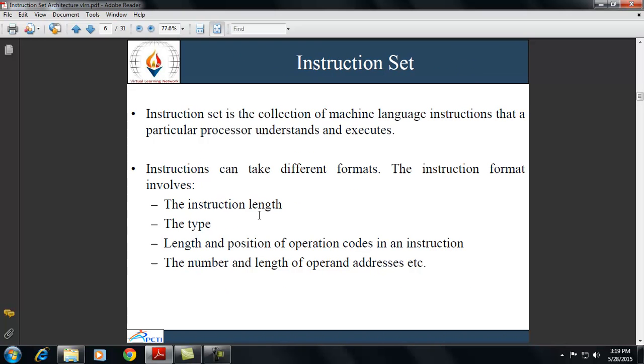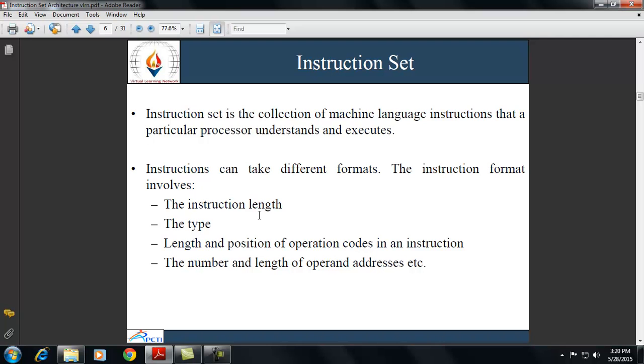Instruction set is a collection of machine language instructions that a particular processor understands and can execute. Instructions can take different formats. Instruction format basically includes the length of the instruction, the type of the instruction, the length and position of the operation code in an instruction, the number and length of operand addresses, etc.